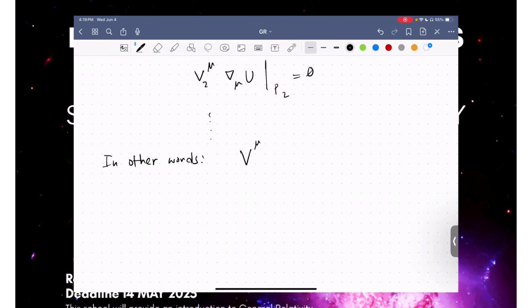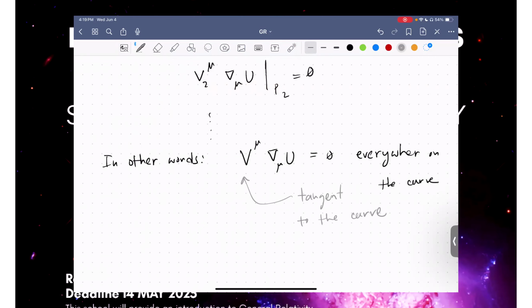V mu delta mu U equals 0 everywhere on the curve, where you have to identify V with the tangent vector, tangent to the curve. Okay.